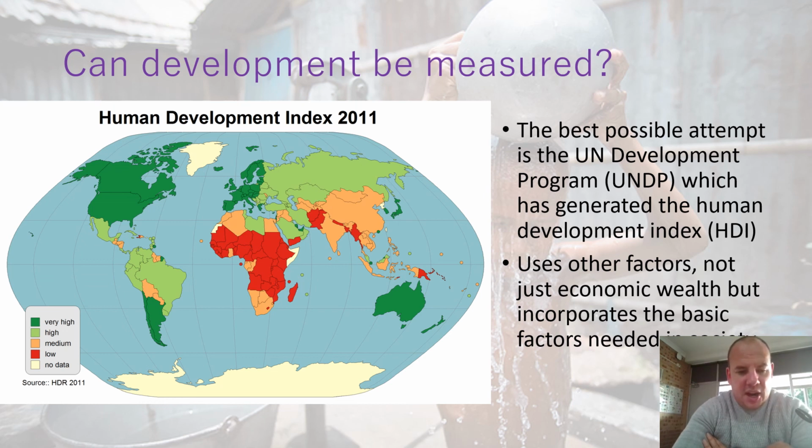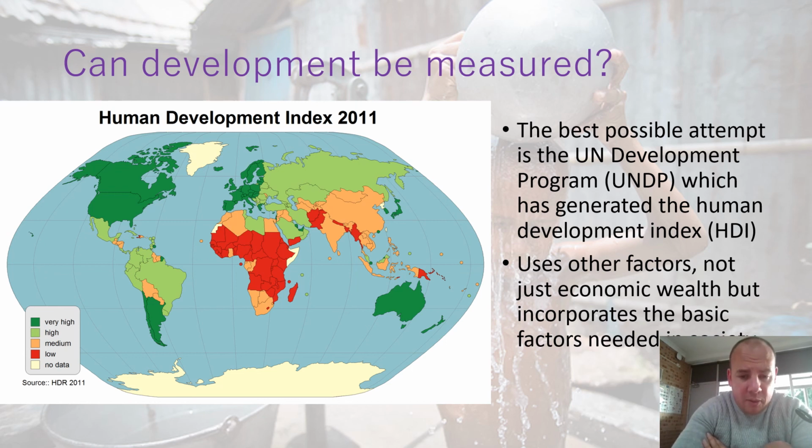As you can see, we've got very high countries such as Australia, but we can also see places in South America like Argentina and Chile, North America, Canada, and then parts of Western Europe. We can also see parts of Europe and parts of the Middle East that are in that high to medium range as well, and that's really encouraging.